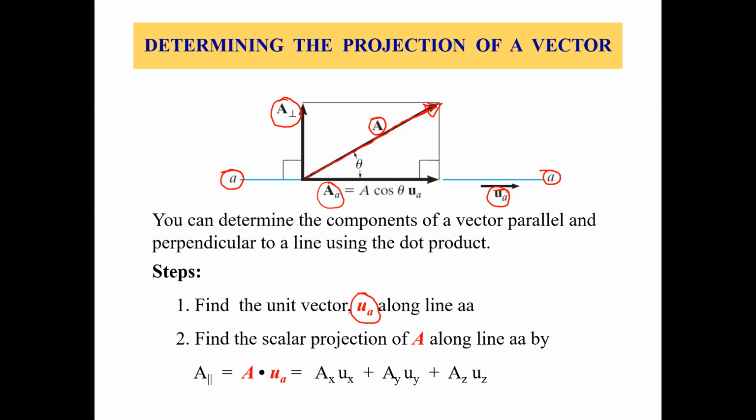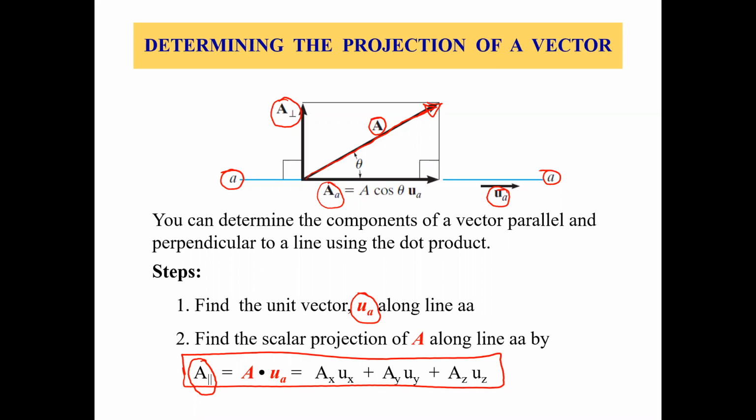So we'll find this unit vector, then find the scalar projection of vector A along line aa, right, by using this. Okay, so we represent this by A parallel, which equals A dot U sub a, right?